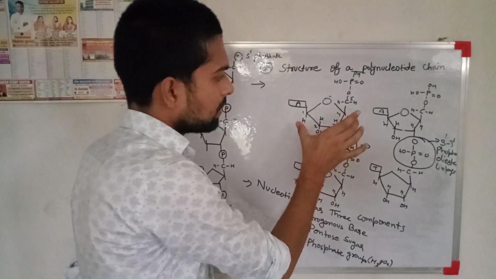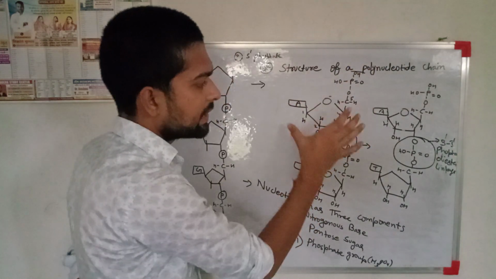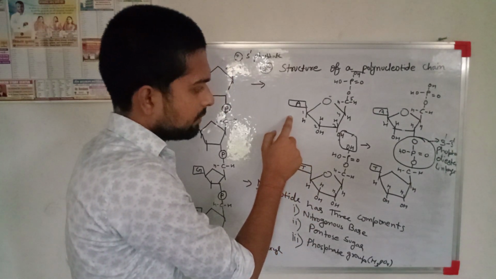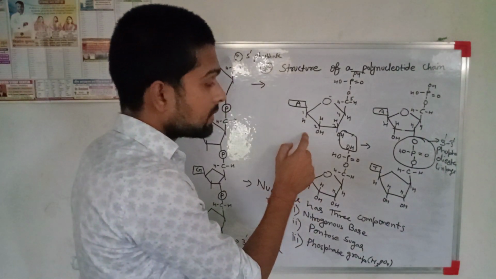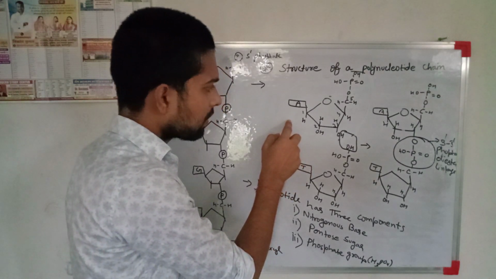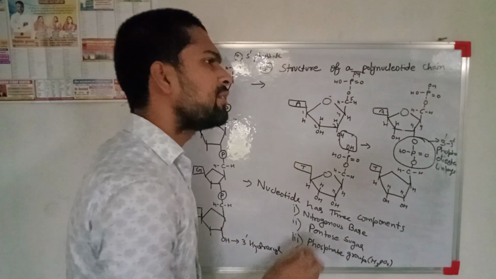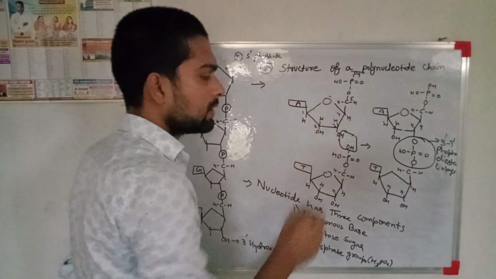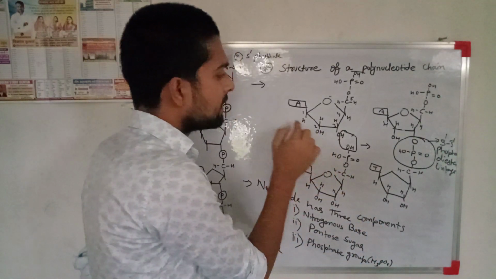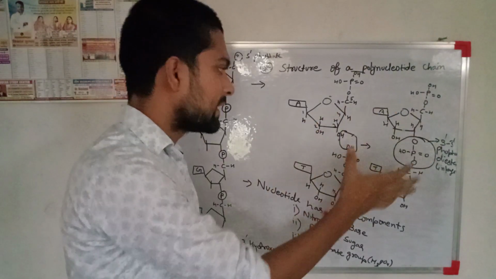As a result of this, a bond will form, and a nucleotide will form. Pentose sugar and the nitrogenous base are linked with an N-glycosidic linkage.